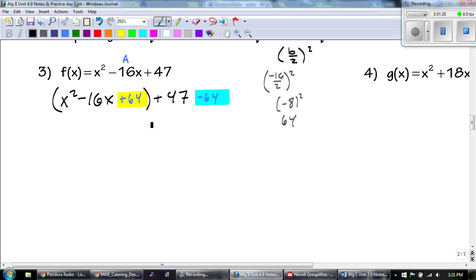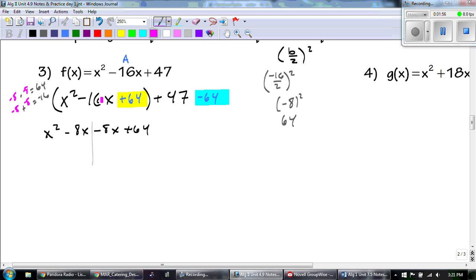Now, this is what I focus on, the x squared minus 16x plus 64. I'm looking for numbers that multiply to 64 and add to negative 16. And that's negative 8 and negative 8. So I rewrite that to x squared minus 8x minus 8x plus 64.